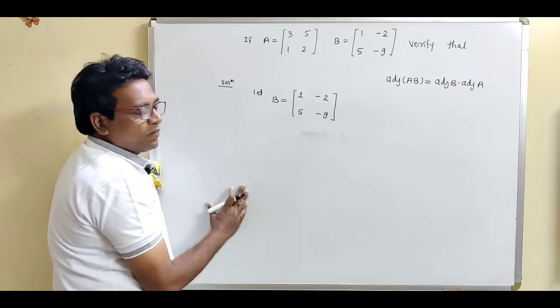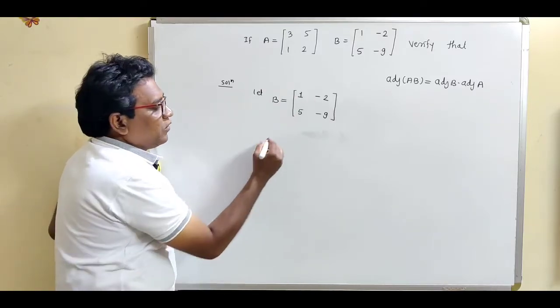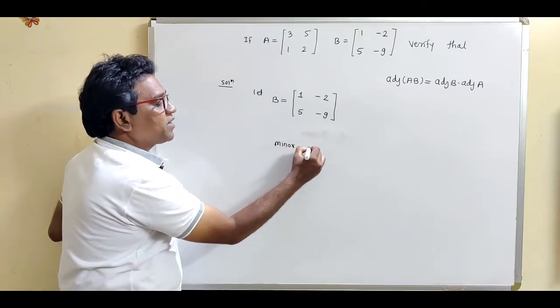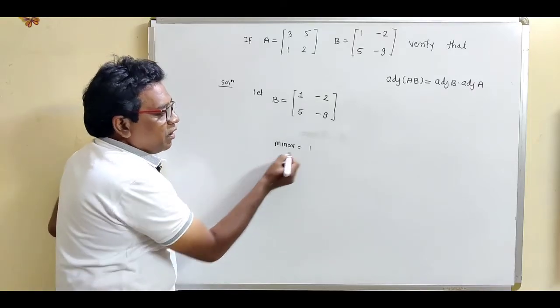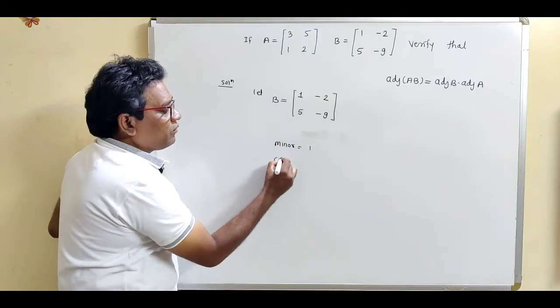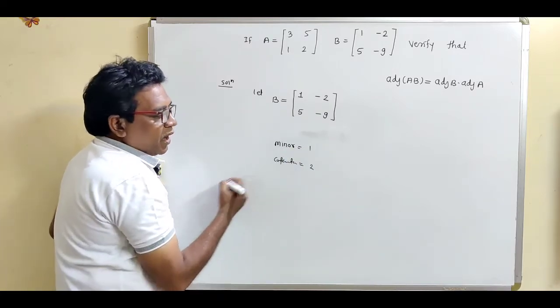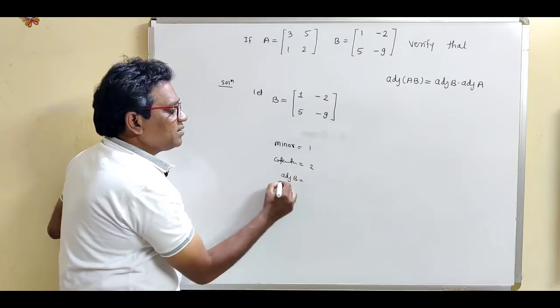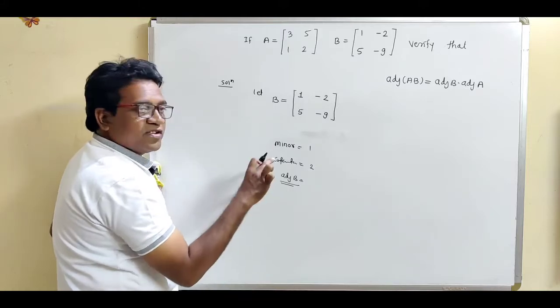There are 3 steps. From the given matrix B, first of all find out the matrix of minor. This is our step number 1. What is step number 2? From matrix of minor find out the matrix of cofactor. This is second step. And from matrix of cofactor take its transpose, that is the adjoint of that particular matrix. So there are three steps.